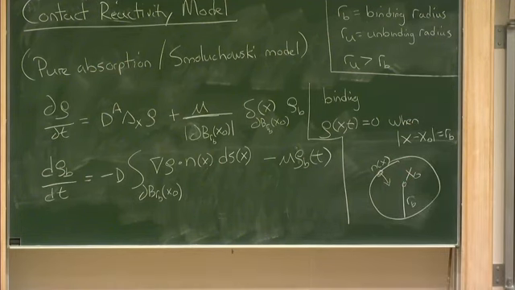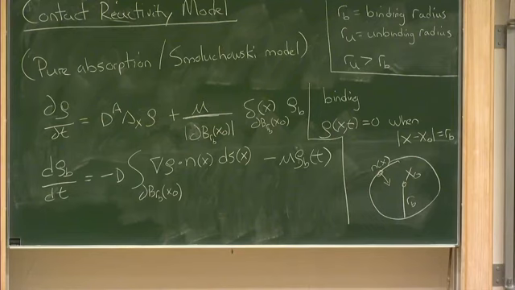Okay. Now, what do I mean by a delta surface measure? Probably many of you know, but if you don't know, what I mean is the following. This is a generalized function or distribution that has the following property.